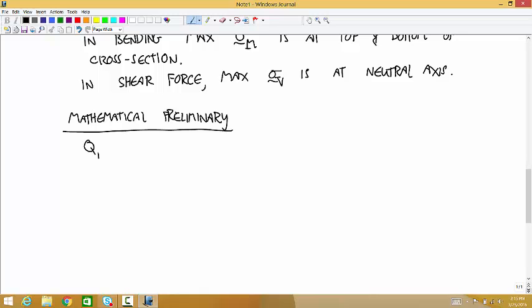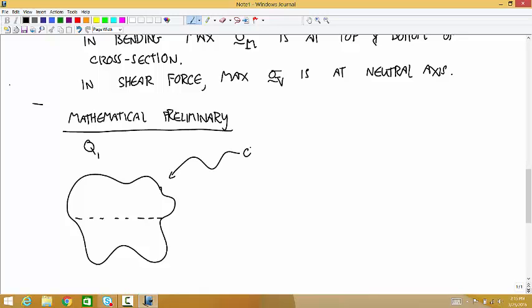Say this is the cross section. This is just an arbitrary cross section. You can calculate this Q for anything. And let's say this is the neutral axis of that cross section. What does the neutral axis mean?